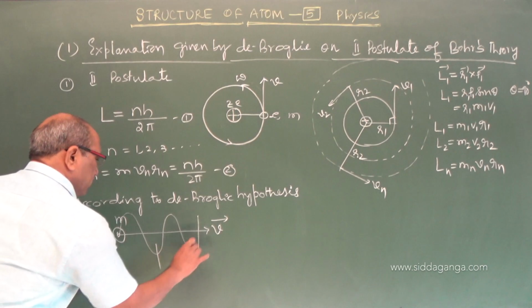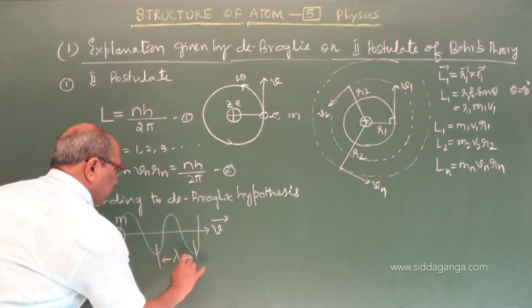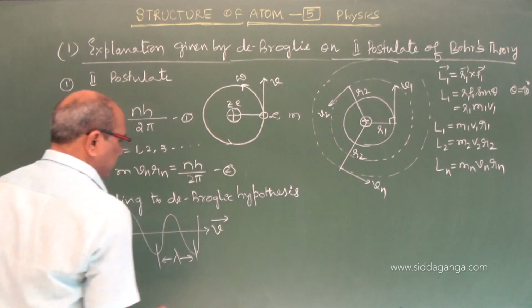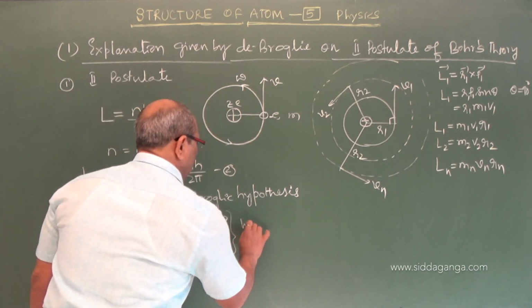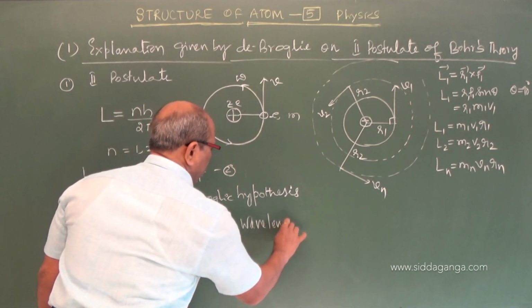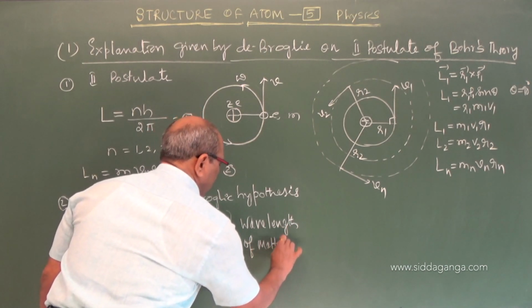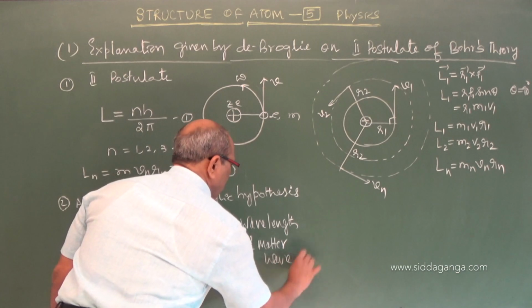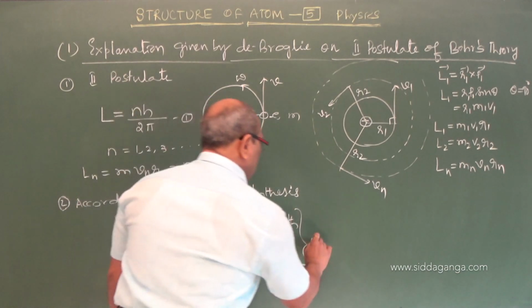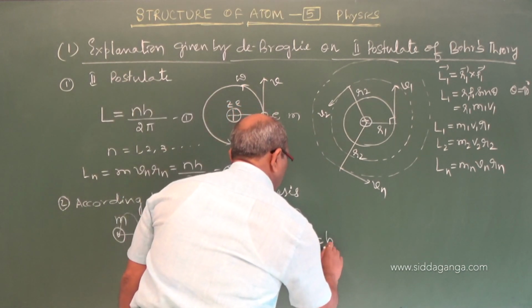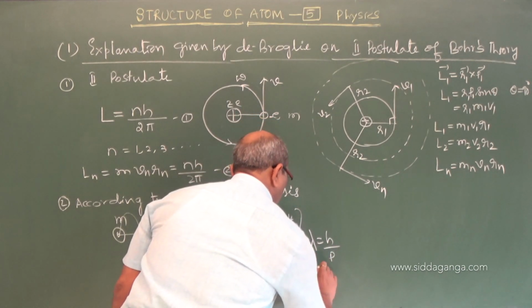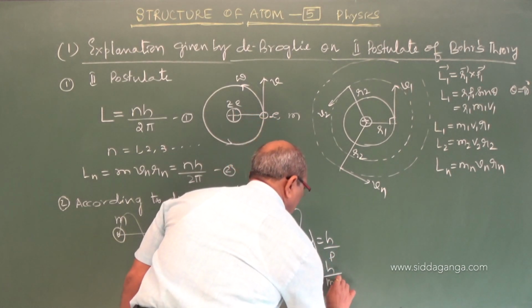The distance between these is considered as the wavelength of the matter wave. We got lambda equal to h upon p, or lambda equal to h upon mv.